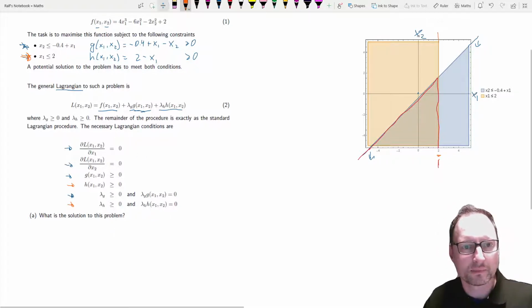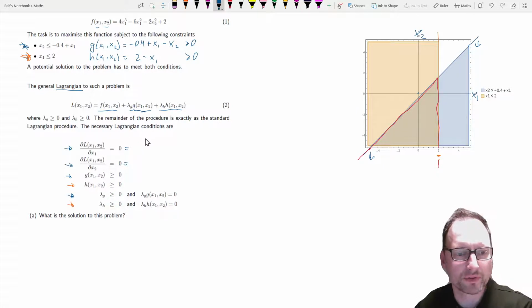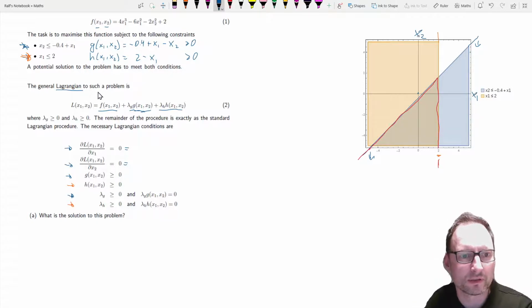Let's firstly, before we continue, find out what our partial derivatives of the Lagrangian with respect to x1 and x2 are. Okay, so we will look at our function. Let me actually write down the Lagrangian here. So here we have the function, which is 4 times x1 cubed minus 6x1 squared minus 2x2 squared plus 2.